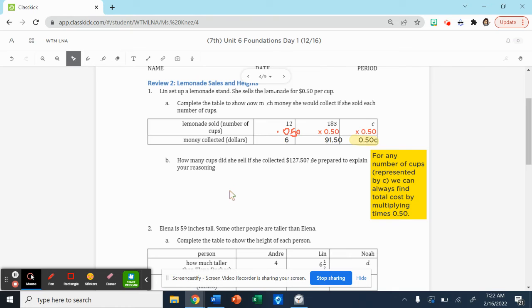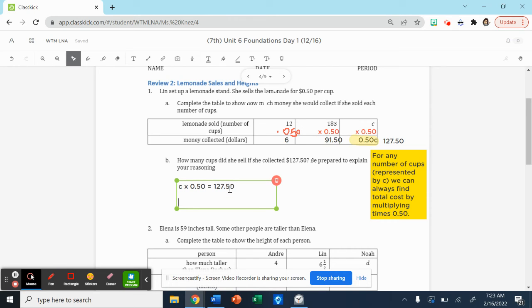Question B says, how many cups did she sell if she collected $127.50? This time, we know this row of the table, 127.50. We need to figure out how many cups of lemonade were sold if she made $127.50. I know that some number C, whatever the amount of cups is, times 0.50 equals 127.50.